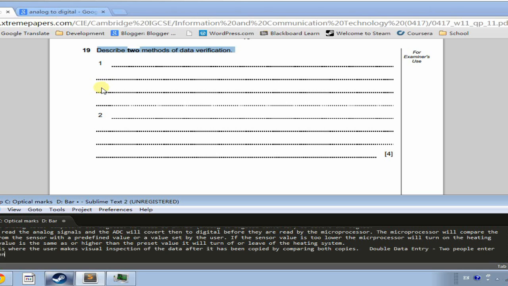And both entries are compared together to ensure that they are the same. So again, this is two people working separately. They both copy the book in, and the computer checks what they've typed together to make sure that there's no discrepancies, there's no places where they are different. And that's a much more sophisticated way, but it obviously takes a good deal more. It takes double the time, effectively, to copy your data from one place to the other.